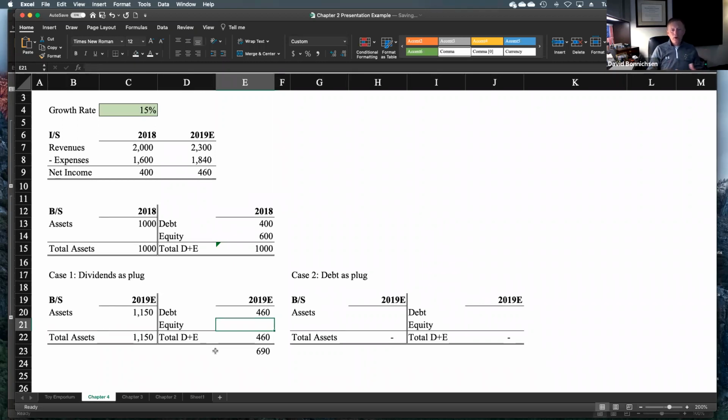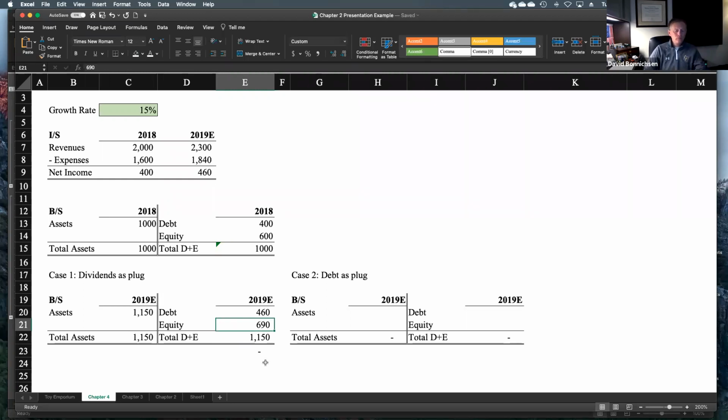Equity must be whatever it is going to be in order to force the balance to be correct, because both sides have to balance. So that's step one of learning. We're $690 off for balance, so we force equity to be 690. Now we're in balance, great. But what does that 690 mean?